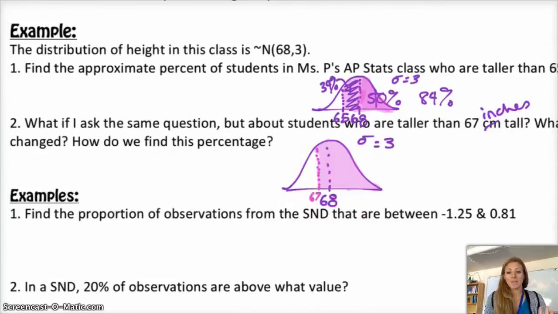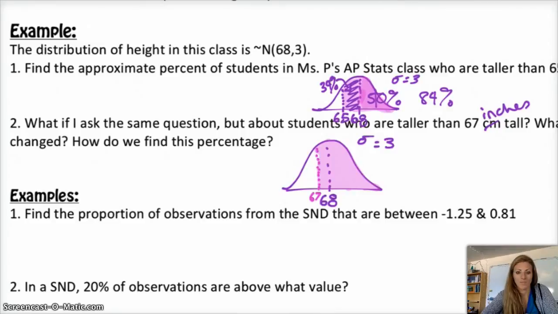So, in number 2, it's a little bit different, because in number 1, we were exactly 1 standard deviation below the mean. So it was easy to calculate using the empirical rule. But with number 2, it's a little bit more difficult since you're not exactly a standard deviation away from the mean.